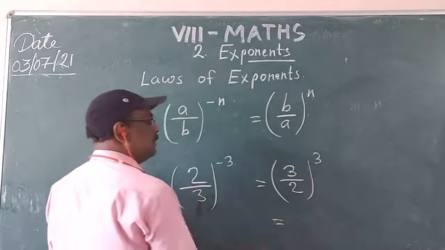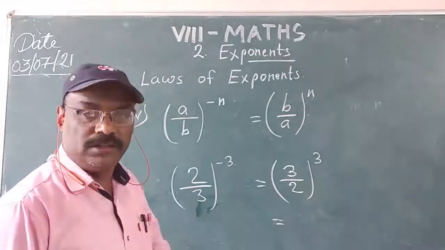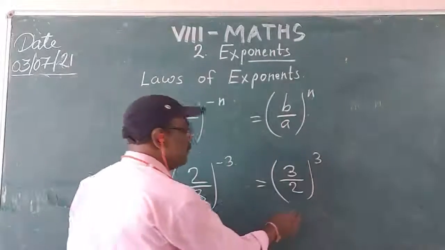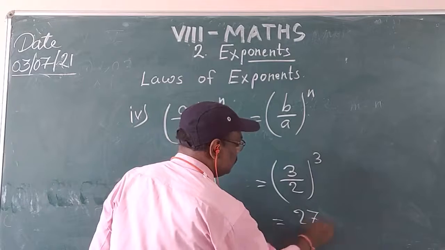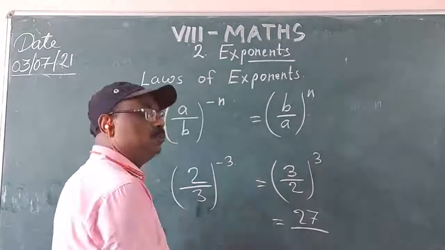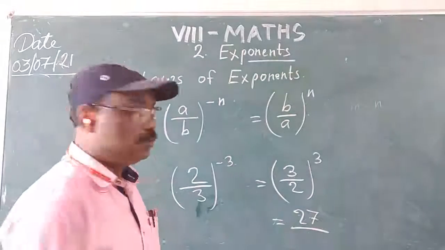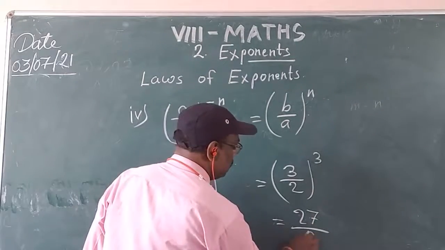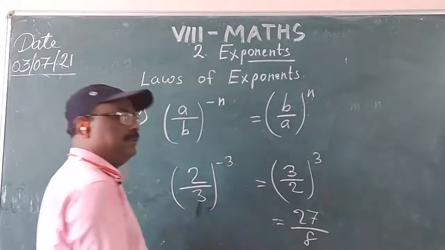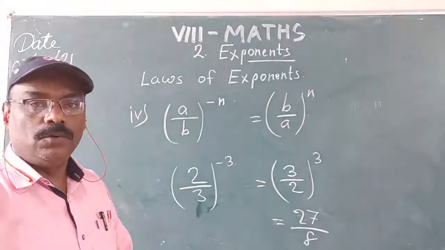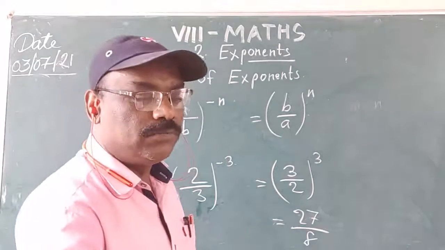Then you have to multiply 3 into 3 into 3. 3 threes are 9, 9 threes are 27, and then 2 into 2 into 2. 2 twos are 4, 4 twos are 8. So we will get the answer 27/8. Okay. So this was the fourth one.